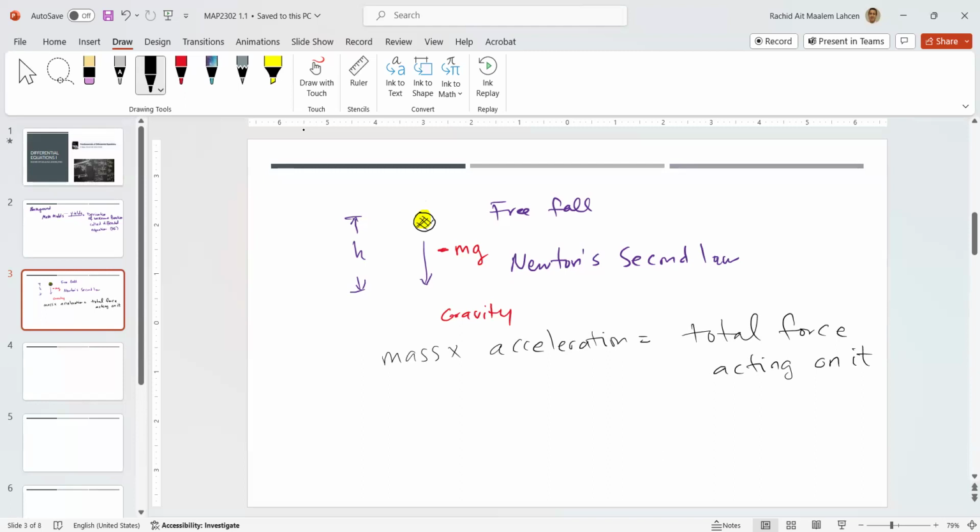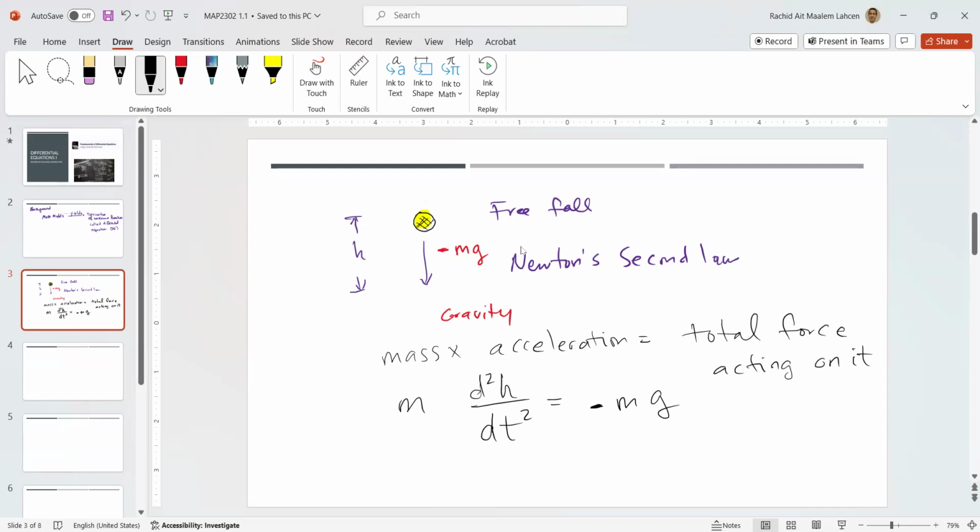The mass is m. The acceleration, remember from calculus, is the second derivative of position. And the gravity here is going to be that force, negative because of the direction, mg. So that's Newton's second law.